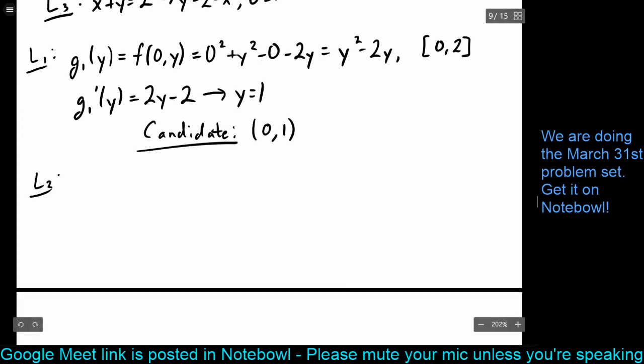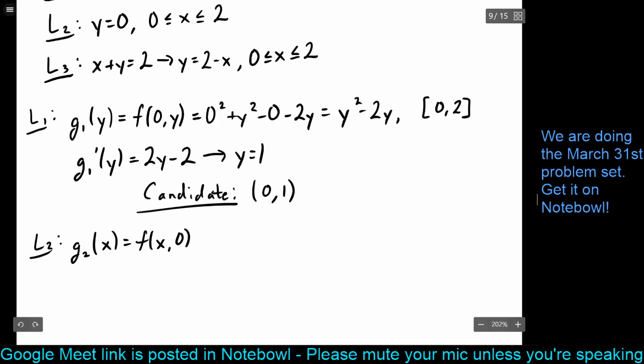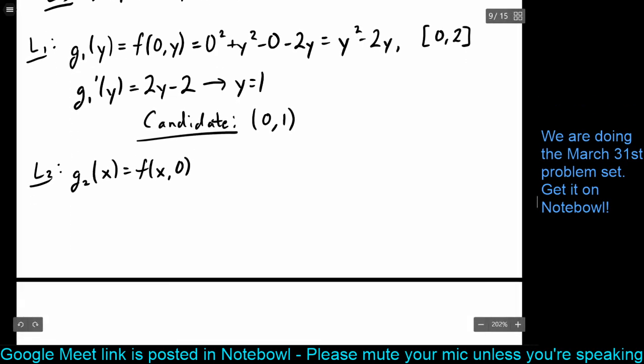Now we do the same thing on L2. This one's going to be a function of x. Again, we just plug in the equation for L2, y equals 0. So here we get x squared plus 0 squared minus 2x minus 0. So that one's x squared minus 2x, on the interval from 0 to 2 again.